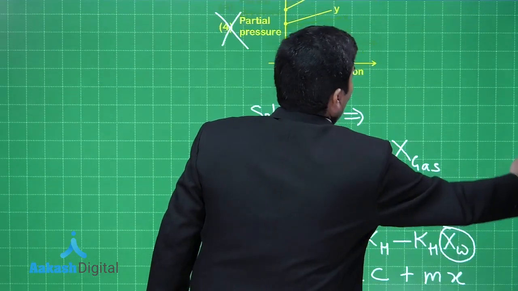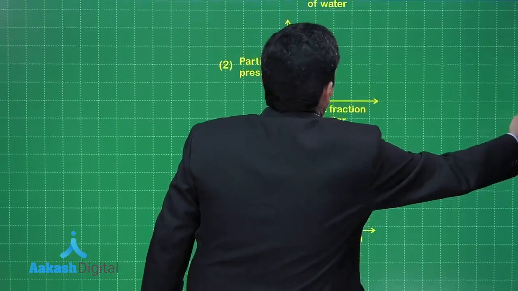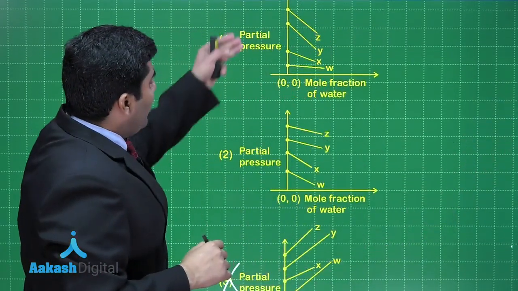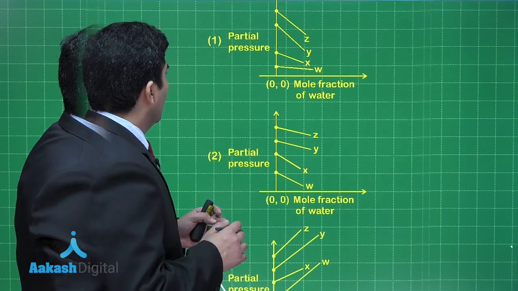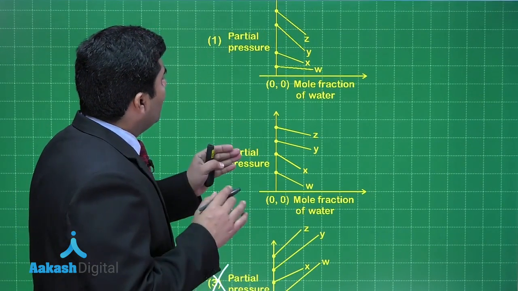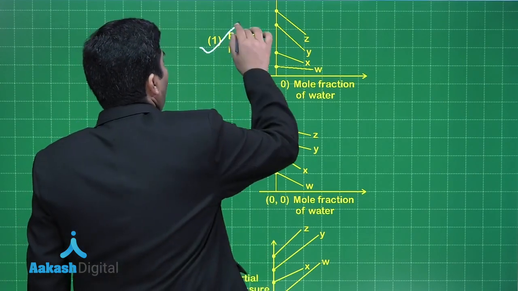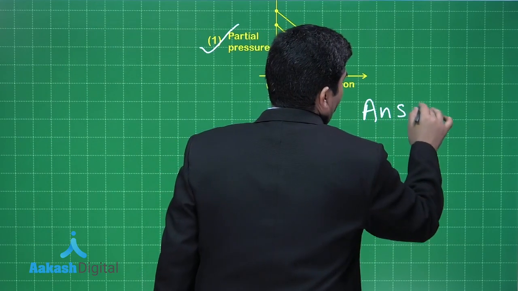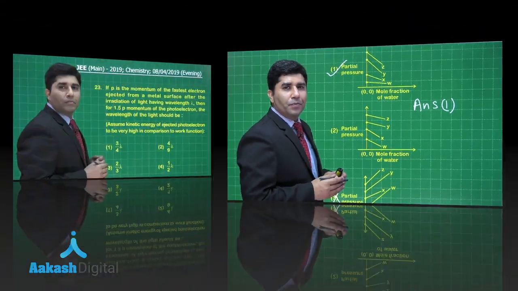And if we talk about the next two curves, now we have to choose the answer from these two, right? And if we compare the value of KH in both the graphs, then we can say that our option will be option number 1. So the answer is first, right? Let's move on to the next question.